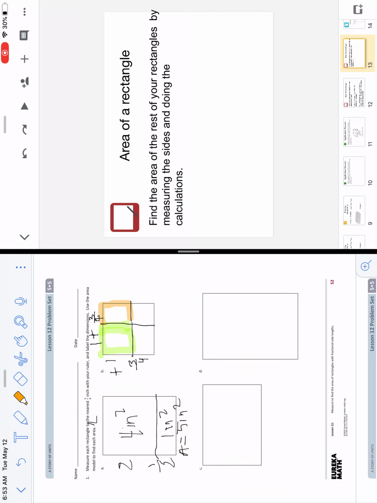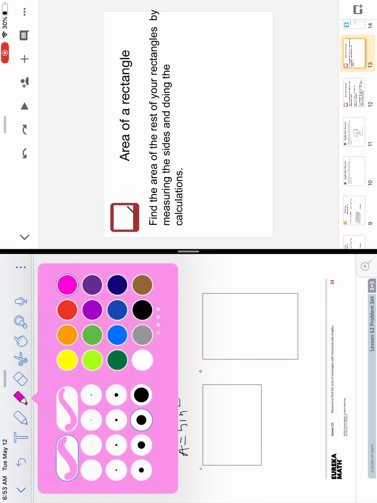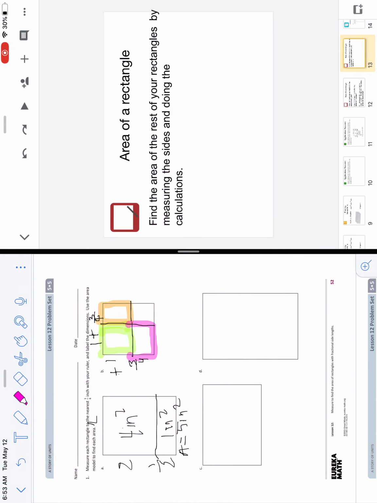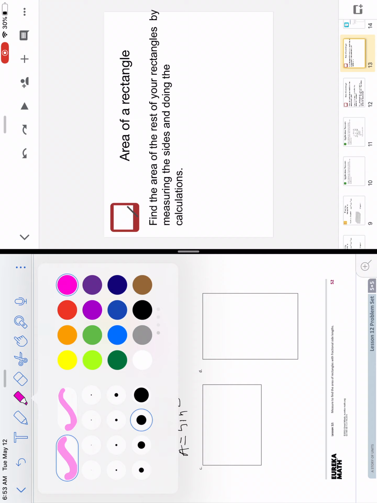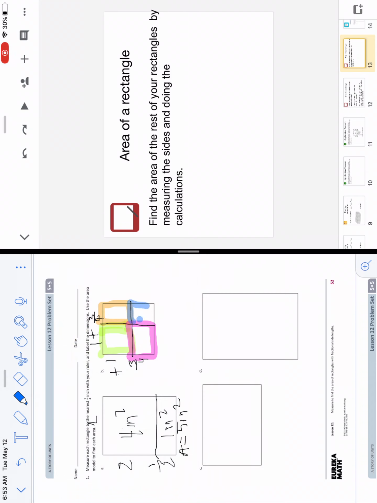Green, orange, pink, and blue. Okay, so go ahead and pause the video and calculate the area.